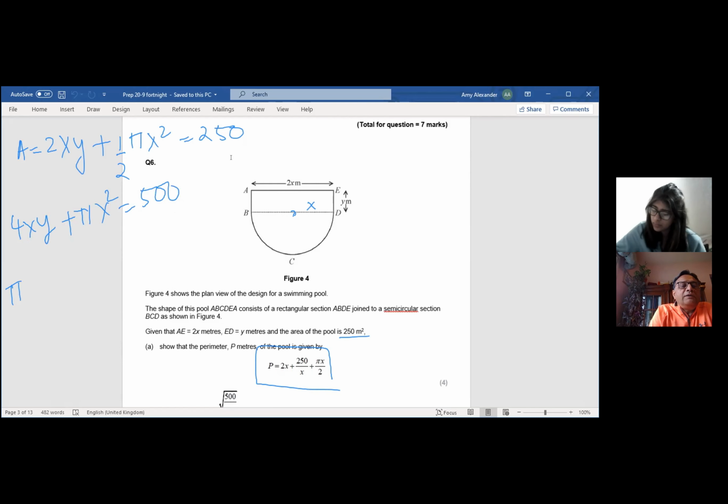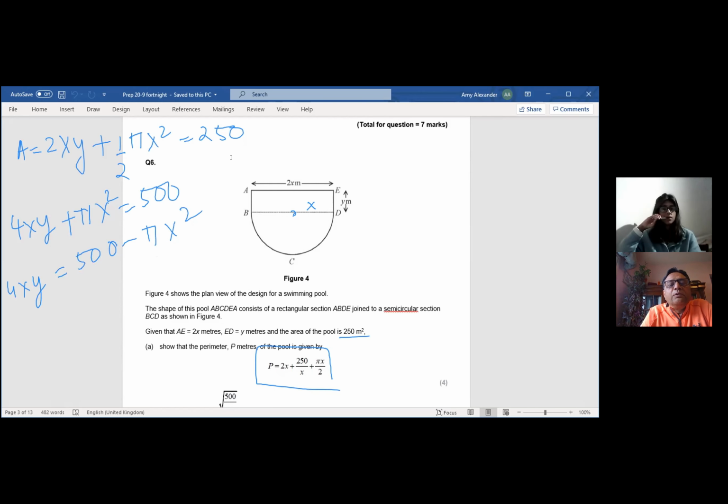So y will be equal to 500 minus pi x squared, divided by 4x.